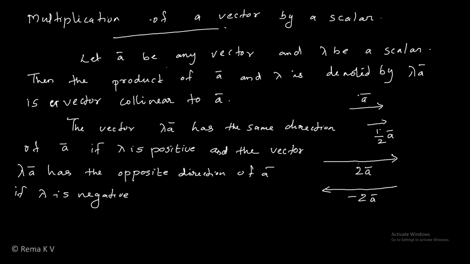So if a vector is a scalar multiple of another vector, you have to remember that they are parallel vectors. So instead of parallel vectors, we are using the term collinear vectors. I hope this is clear to you.